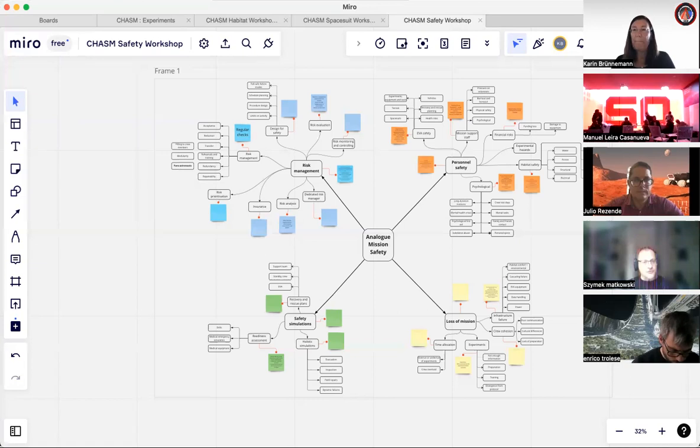Then you come out with the proper means and, like Julio said, to-do lists in case of every scenario connected to the particular part of the analog habitat life and particular mission.